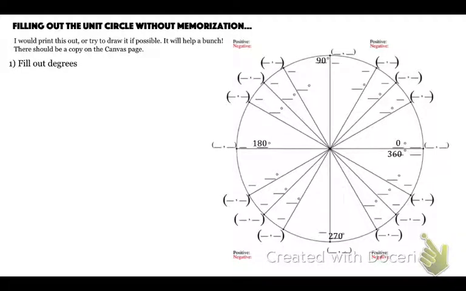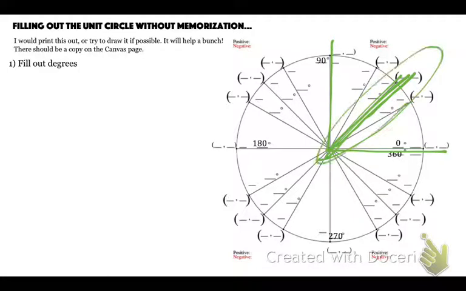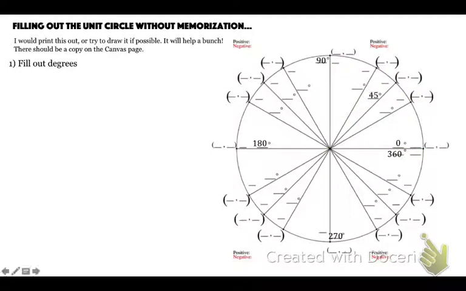Okay, then we can do our 45 degrees. Halfway between these two is right there. So that is going to be our 45 degrees. And then we can just add 45. So 45 plus 45 is 90. 90 plus 45 is 135. 135 plus 45 is 180. 180 plus 45 is 225.